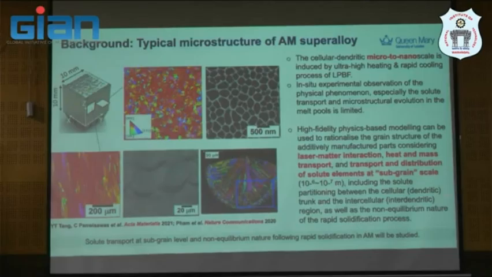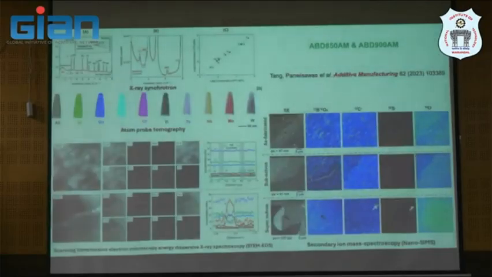This solute partitioning between the cellular or dendritic trunk and the intercellular or interdendritic region will contribute to the non-equilibrium rapid solidification nature. So we will study this solute trapping or solute transport at subgrain scale and try to understand the non-equilibrium during or after rapid solidification.